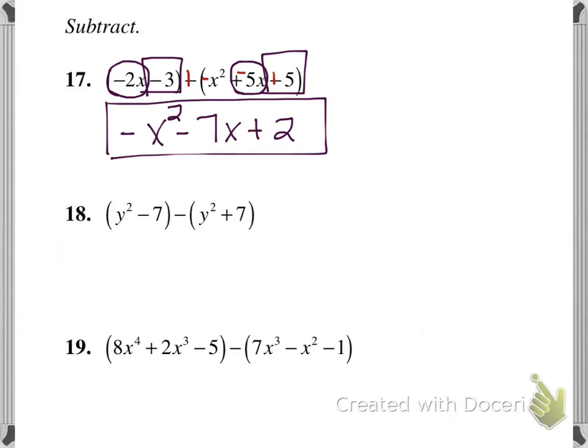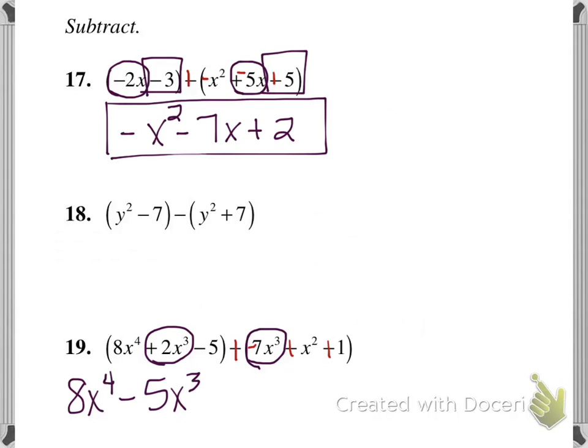Let's skip down here to the bottom. I'm going to add the opposite, add, and then change all my signs. Notice the first polynomial stays the same. We don't do anything to it. I have an 8x to the fourth and nothing to combine it with. I have a 2x cubed and a minus 7x cubed, which is a minus 5x cubed.